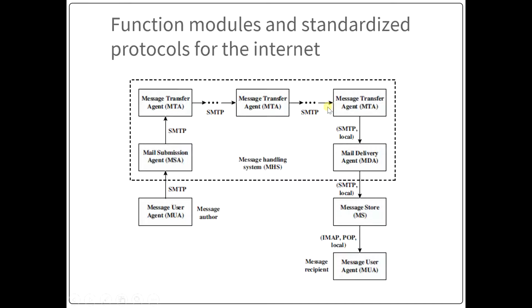Relaying is performed by a sequence of MTAs, which is why you can see various connections with SMTP in between, until the message reaches the destination MDA. An MTA also adds trace information to the message header, and SMTP is used between MTAs and between an MTA and an MSA or an MDA.